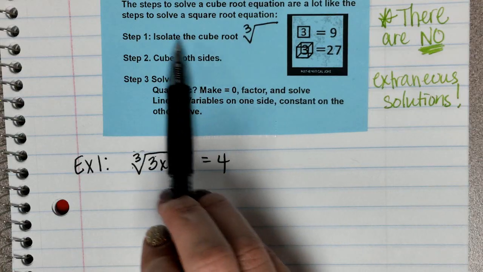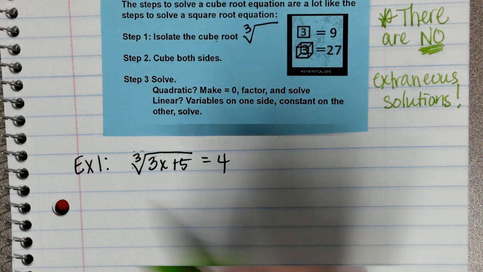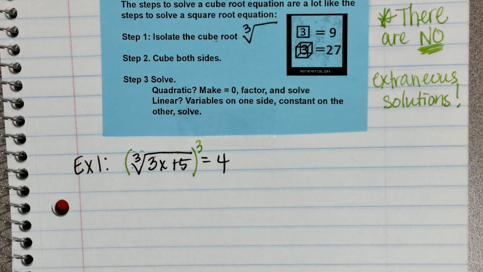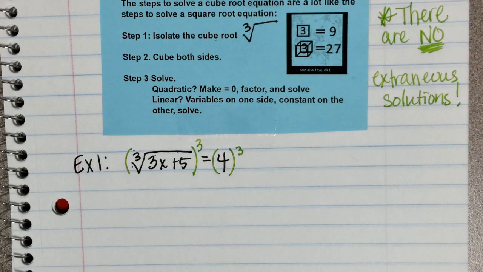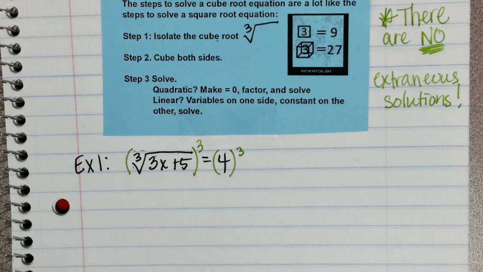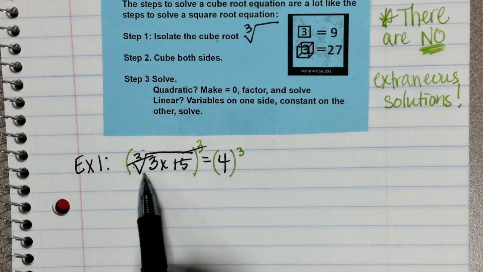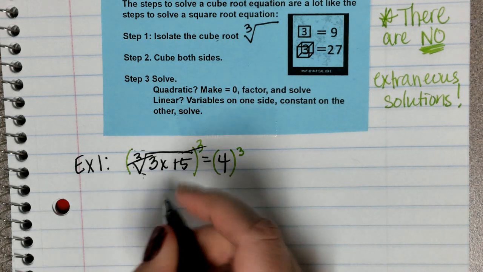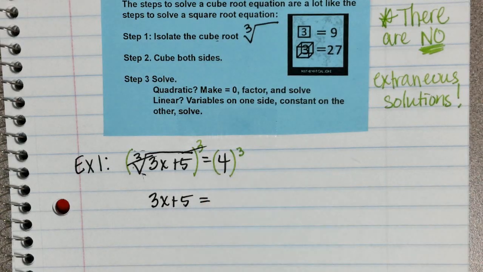So step 1 is done. Step 2, cube both sides. So we grab the left side and cube it, and we grab the right side and cube it. Now when you cube a cube root, they cancel out. All we're doing is unlocking the stuff inside the cube root. So now the stuff inside gets to come down.